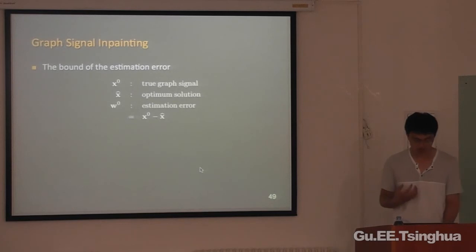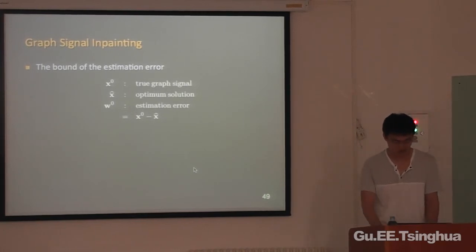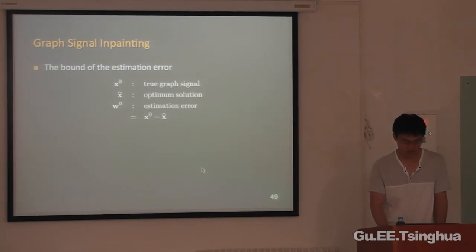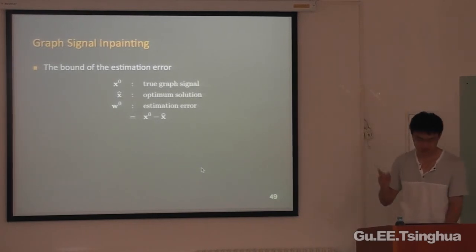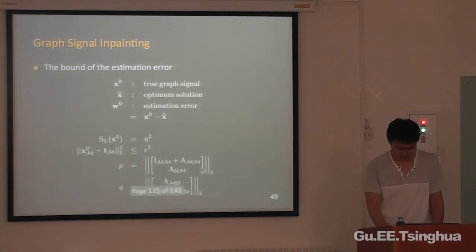So then we want to answer how well we can do by using this algorithm. So we try to bound the estimation error. We assume x0 is the true graph signal that we want to recover, and x hat is the optimum from the object function, from the optimization problem. And Z0, the estimation error, is defined by the difference between the true graph signal and the optimal solution.